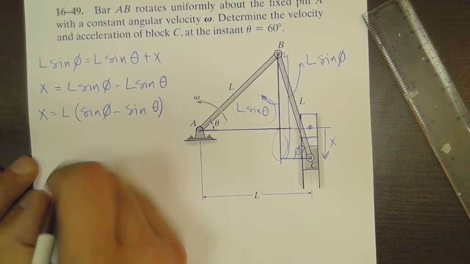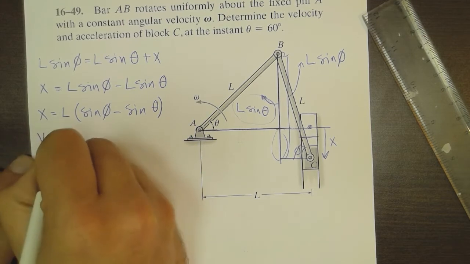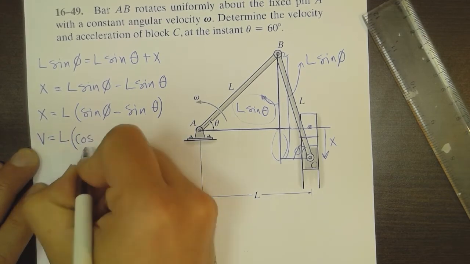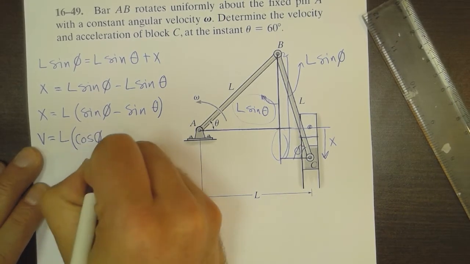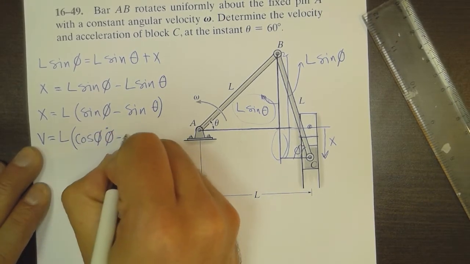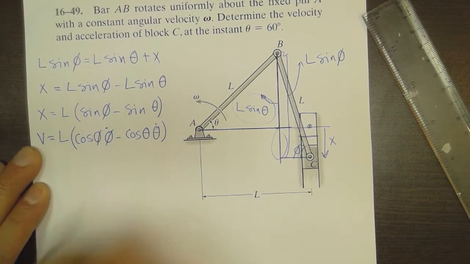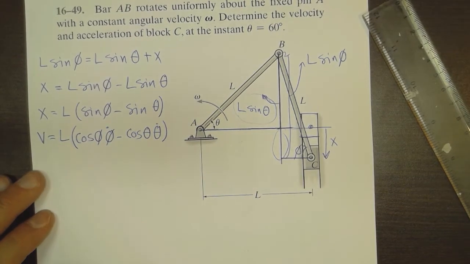So v equals L times (cosine phi times phi dot minus cosine theta times theta dot). This is the velocity.